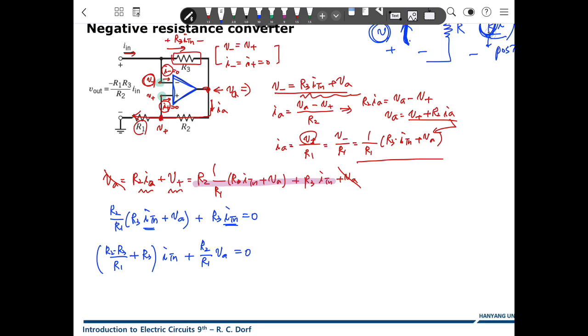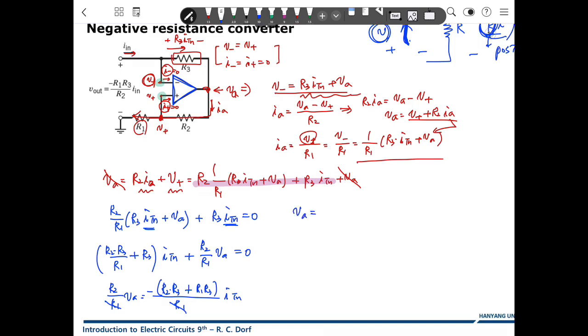So R1 R2 V_A will go to minus R1 R2 R3 plus R1 R3 I_in, which can be eliminated here.